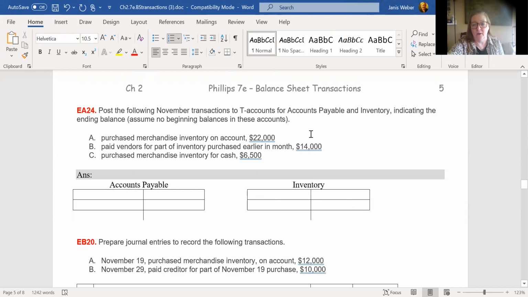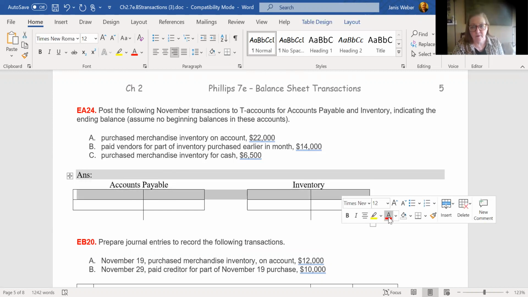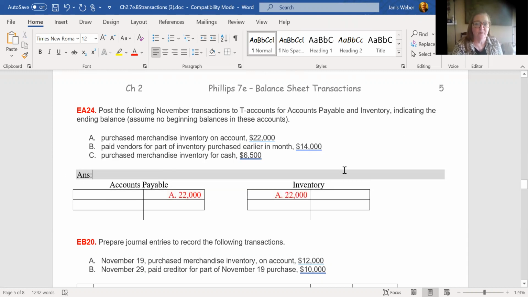On my sheet, I just jotted down the entry right here beside the description. So that would have been a debit to inventory and a credit to accounts payable, right?